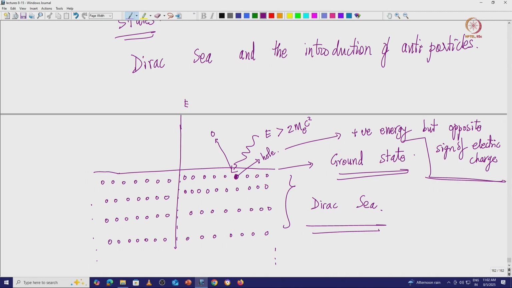This will appear in nature as a positive energy particle with opposite electric sign.